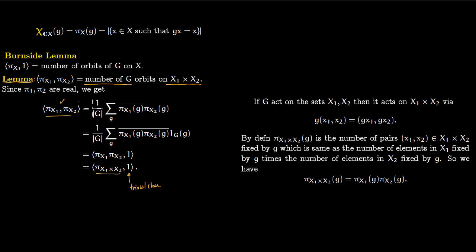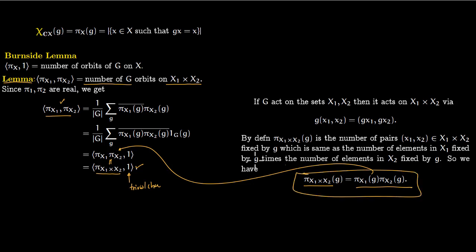We have to show this is equal to this, but we have just shown that this is equal to the product here. So rather than writing x1 times x2, we can write the product, which is right here. So these two are equal from this result. What we need to show is that this inner product is equal to this.